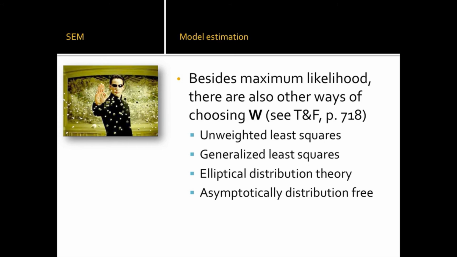Again, it's a matrix of subtracted values, right? That S minus sigma, that's your actual data, elements of your covariance matrix, and then you're subtracting out the elements of that same covariance matrix according to the hypothesized model. So you're making that subtraction.